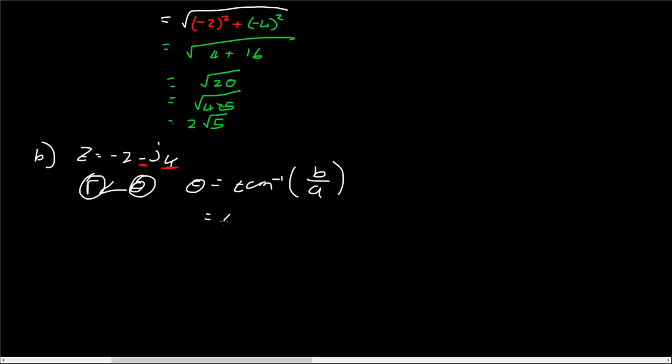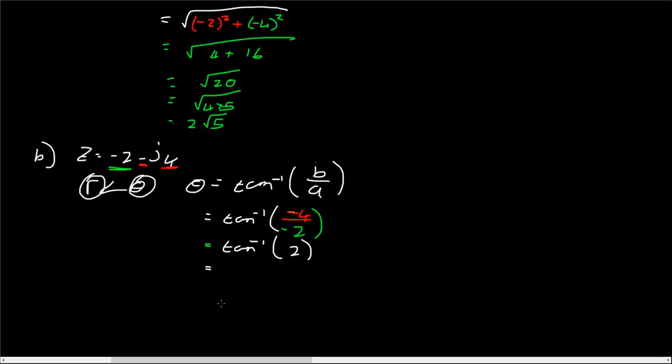So it's equal to tan inverse of minus 4 over a, which is minus 2. And that is then equal to tan inverse of minus 4 over minus 2, which is 2.